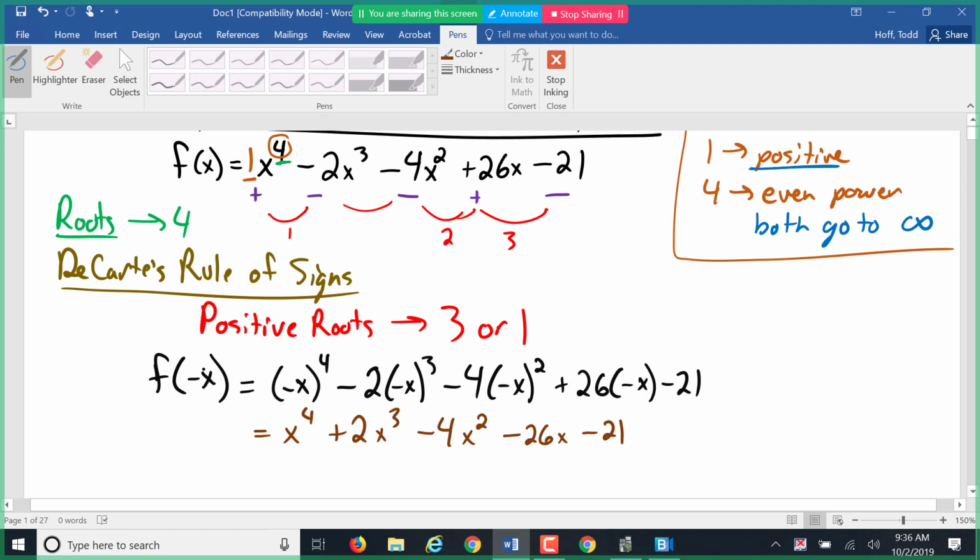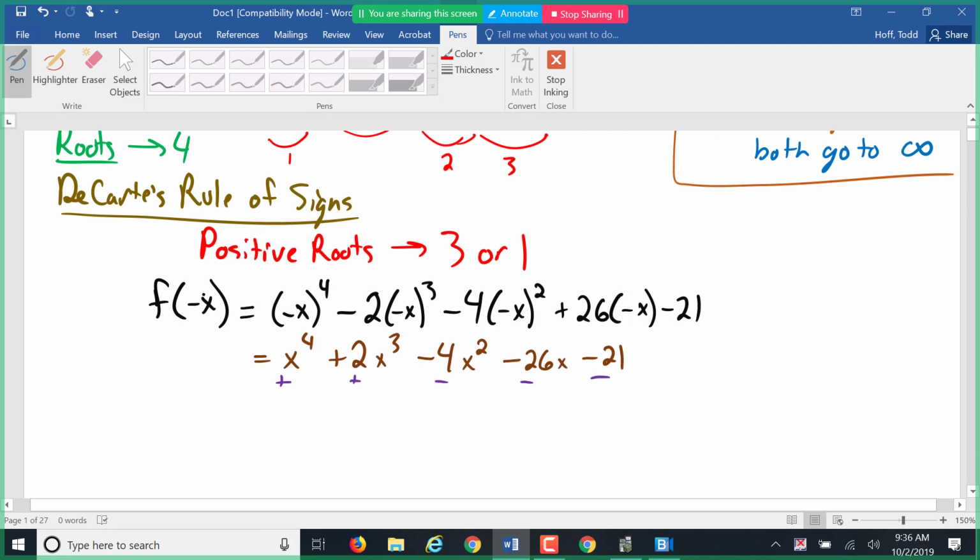So here we are: positive, positive, negative, negative, negative. So if we look at changes, that's still positive. There we went from positive to negative. That's one change. Negative to negative, negative to negative. That's 1.